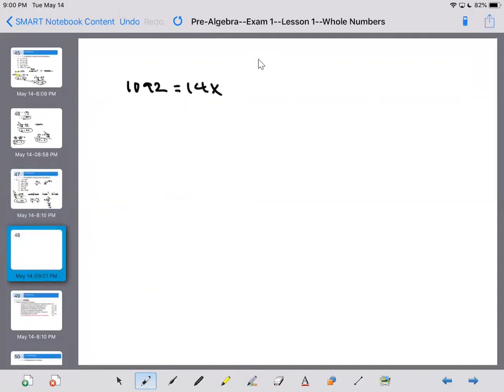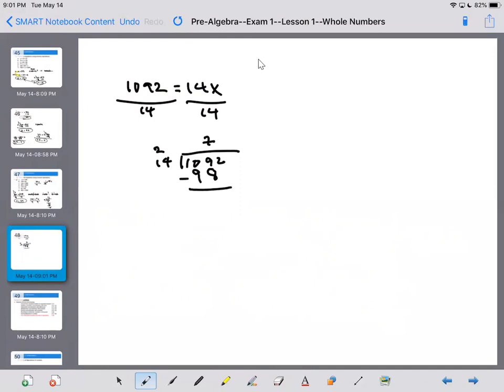Because 1,092 is equal to 14x. So we're going to divide both sides by 14. So 1,092 divided by 14 should divide 7 times. And that's going to be 98.